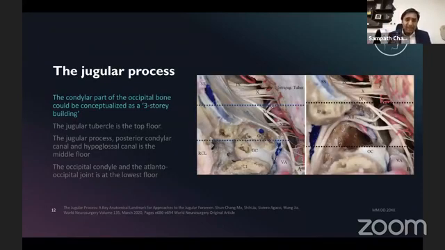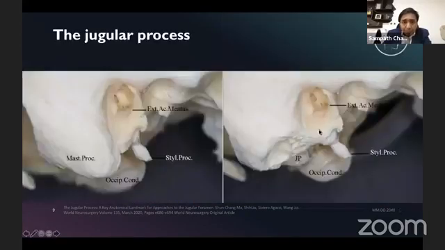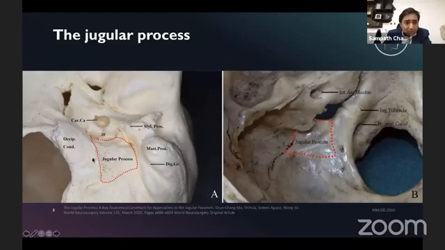Now, this is a little more complex, but obviously we're dealing with complex areas, so there's no point in being apologetic about these things. You have to catch the bull by its horns. So now let's look at the jugular process in a slightly different way. Now, we go back to this picture here, and this is the occipital condyle, isn't it?